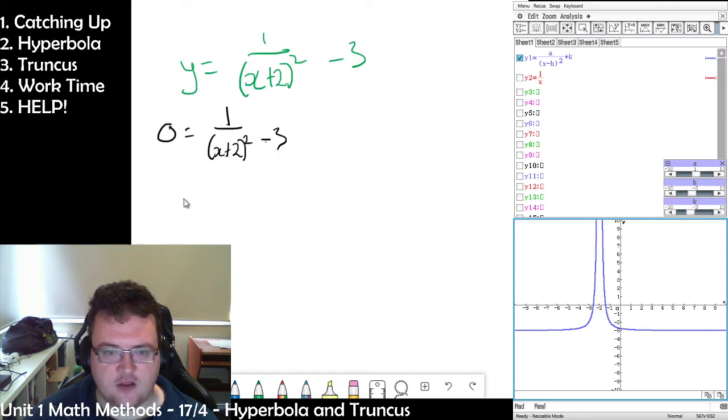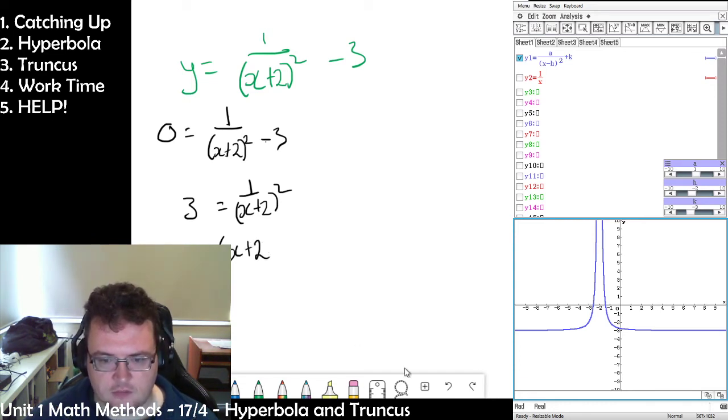Add 3 to both sides. 3 equals 1 over (x plus 2) squared. I now take my denominator and put it up the top. 3 times (x plus 2) squared equals 1.